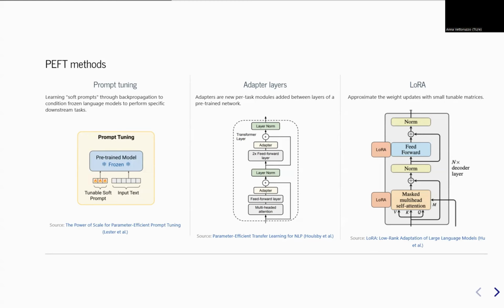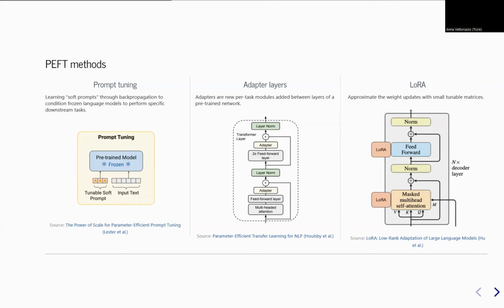In other words, we want to append some tunable tokens to the input tokens that can be fine-tuned during the fine-tuning phase, such that they carry information about the task that we are using for fine-tuning purposes.